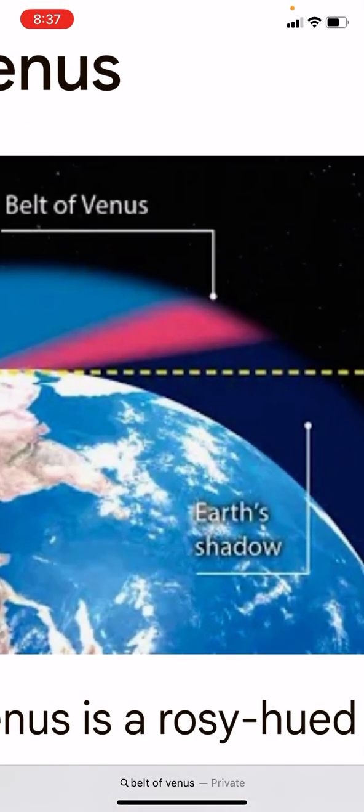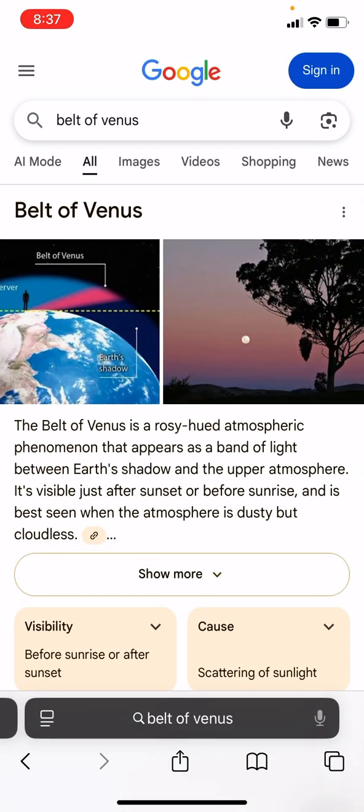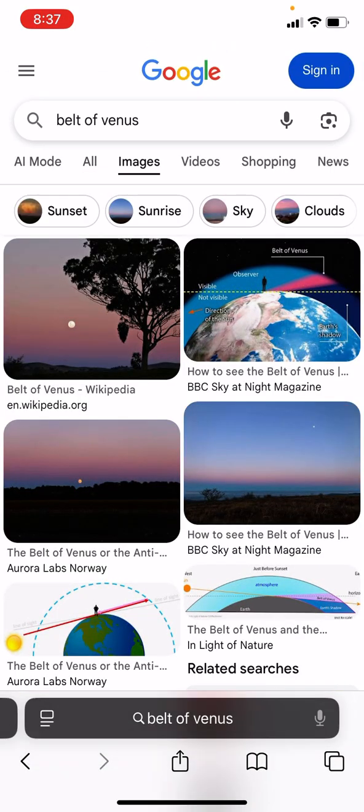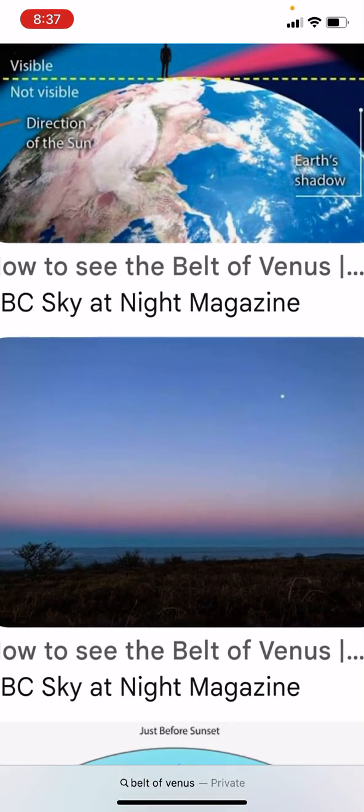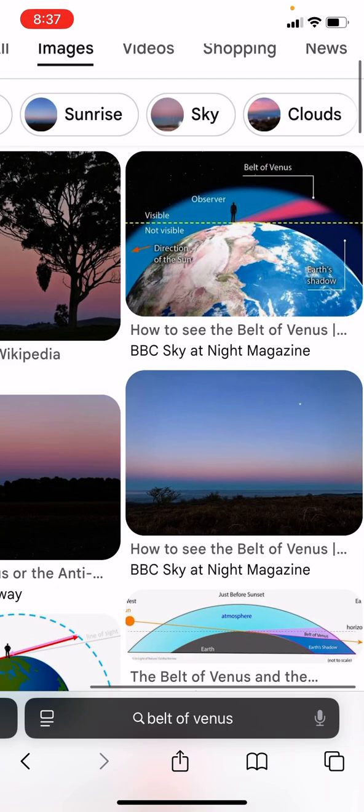That's what the color of the belt of Venus looks like. And then they show you with images. So this pink horizon line right here is pretty much the belt of Venus. So just to let you know, the word zodiac in the Middle Ages actually meant the belt of Venus. Very, very interesting, huh?